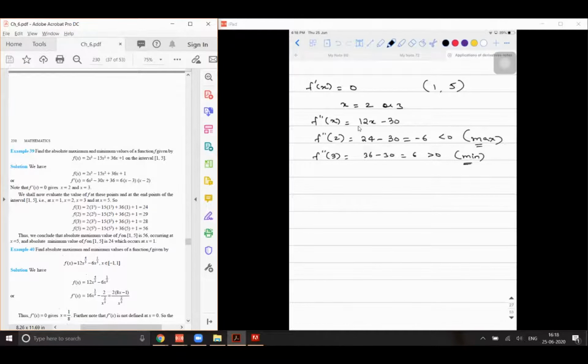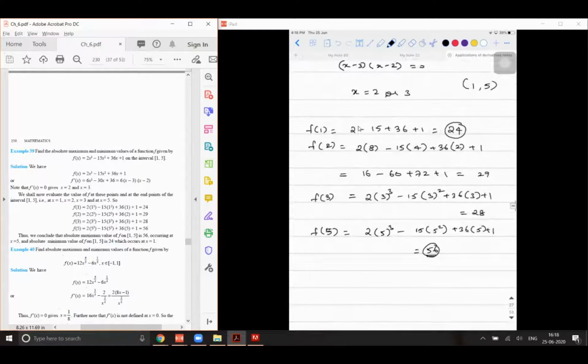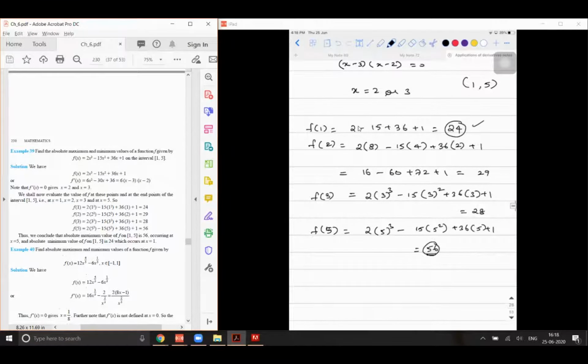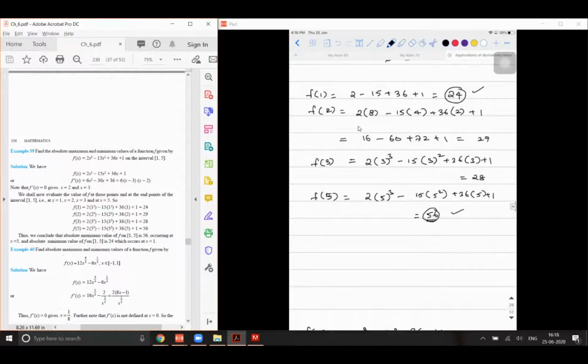Right? What would have been the maximum value? Because 1 is not included, 5 is not included. But had 1 and 5 also been included in the domain of the function, then you need to verify what is f of 1 also. So what is f of 1 that is coming out? f of 1 came out to be 24, f of 5 came out to be 56.